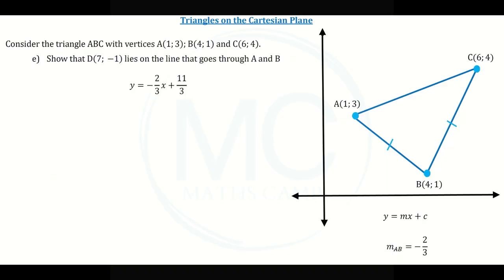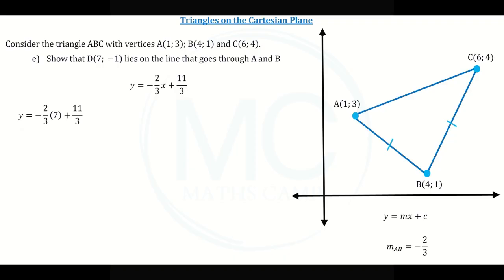To prove that point D lies on line AB, we need to substitute the x coordinate into x in the equation and show that y is equal to the y coordinate of point D. The x coordinate is 7, so we can say y is equal to negative 2 over 3 multiplied by 7 plus 11 over 3.